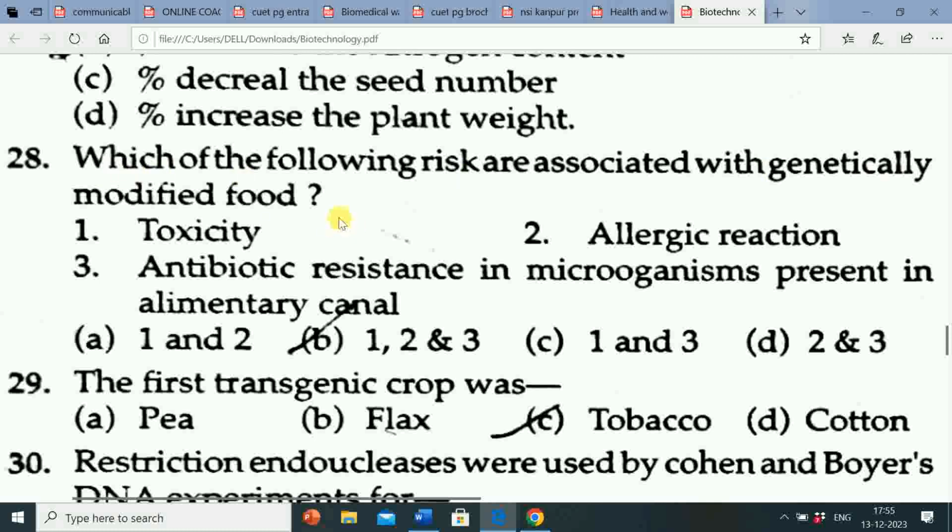All the statements are true: toxicity, allergic reaction, and antibiotic resistance in microorganisms present in the alimentary canal. So all these risks are associated with genetically modified food.